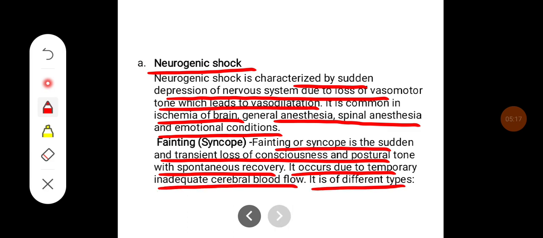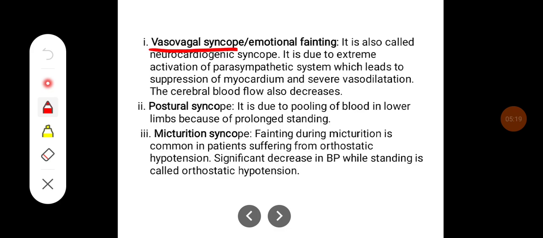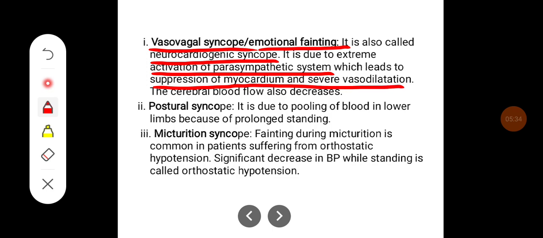It is of different types. The vasovagal syncope, which also occurs in emotional fainting, is also called neurocardiogenic syncope. It is due to the extreme activation of the parasympathetic system, which leads to suppression of myocardium and severe vasodilatation. The cerebral blood flow also decreases.